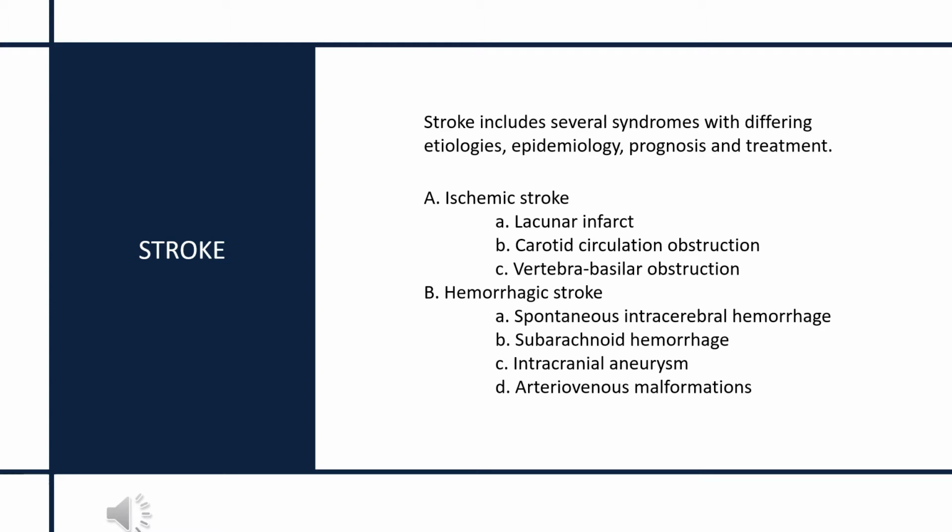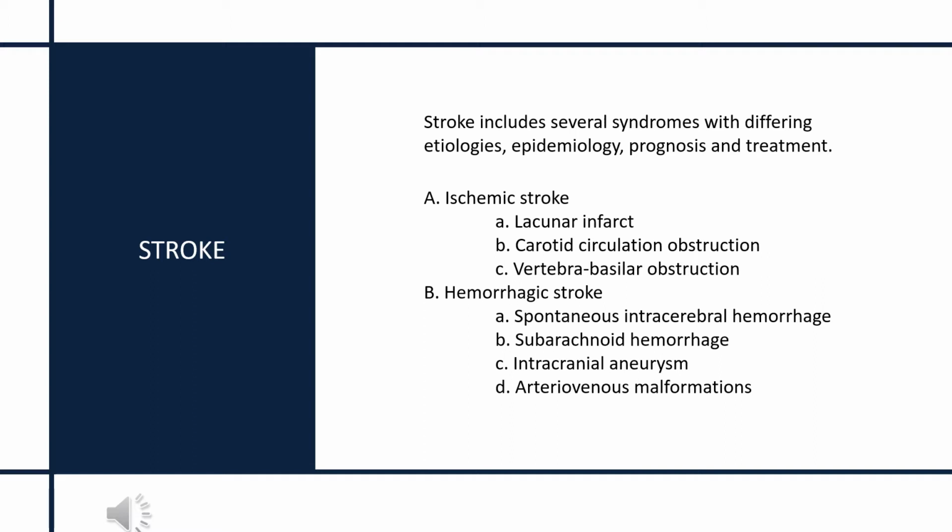This is more related to pathology, but you must know it in community medicine as well. Ischemic stroke can be due to lacunar infarct or carotid circulation obstruction or vertebrobasilar artery obstruction. The hemorrhagic stroke can be spontaneous intracerebral hemorrhage, or subarachnoid hemorrhage, or intracranial aneurysm, or AV malformations.